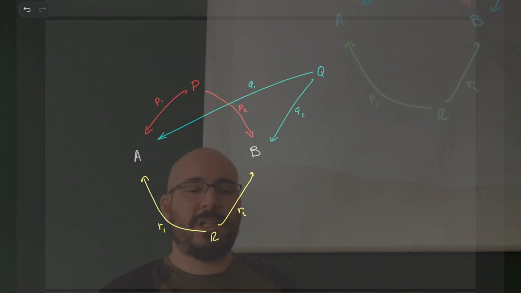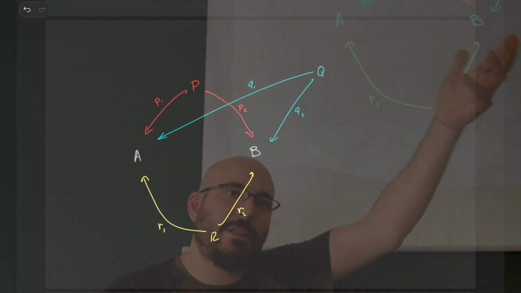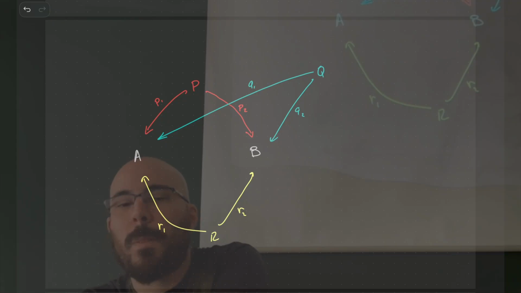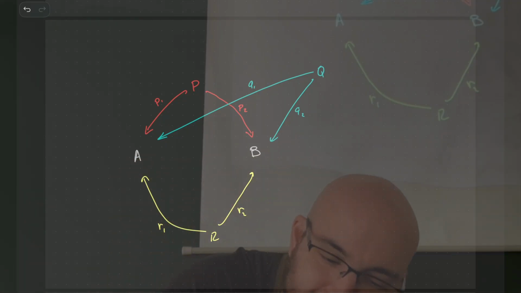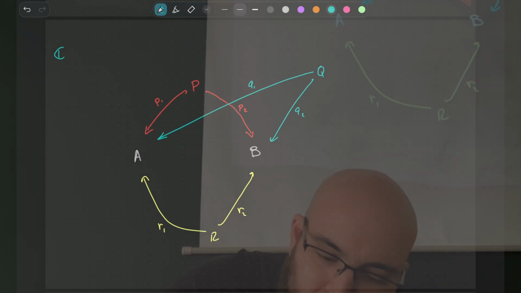Okay, and now my question is, what is an arrow from yellow to blue? Or what is an arrow from red to yellow? Anybody wants to give a shot? I do have an original category C. I will make it gray.